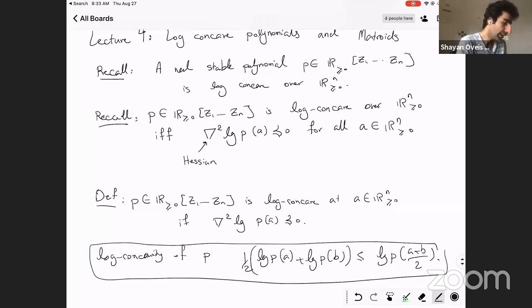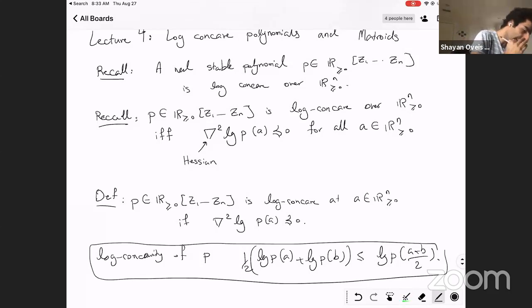Now, if you take convex analysis courses, you see that there's an equivalent definition of concavity, which is that a function is concave if the Hessian of the function is negative semi-definite. The same holds for log concavity. So P is log concave over the positive orthant if the Hessian of log of P is negative semi-definite as a matrix.